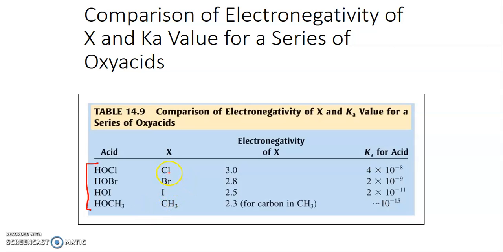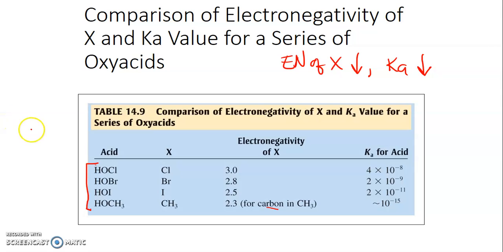In the first case, we have chlorine, bromine, iodine, and then CH3. If we compare the electronegativity values of those four, and as it says here for the last one, we're going to use carbon when we're looking at CH3. As the electronegativity decreases, you can see the Ka also decreases. So as the electronegativity of X decreases, the Ka also decreases, making it a weaker acid.